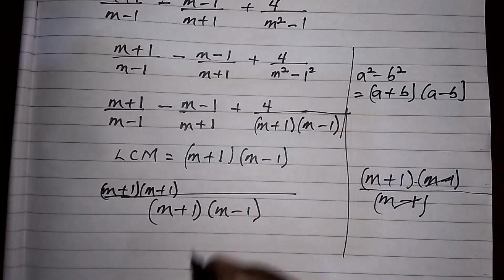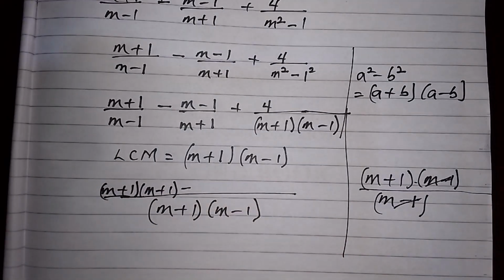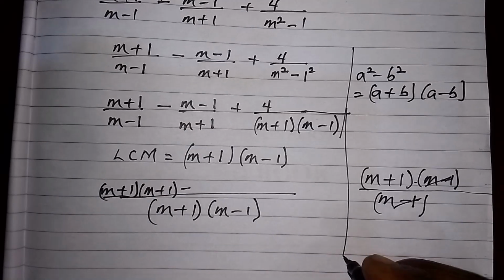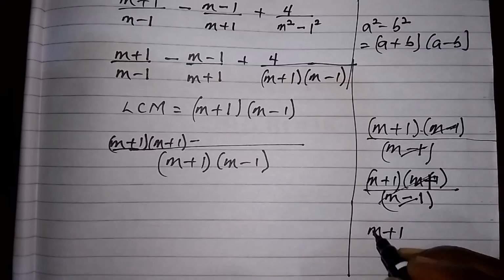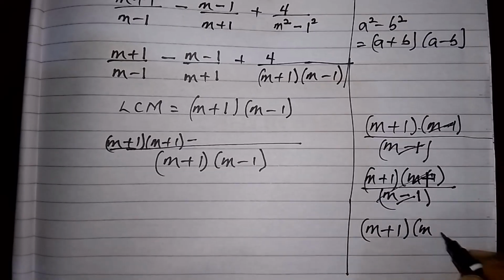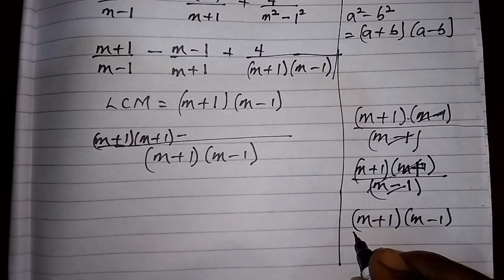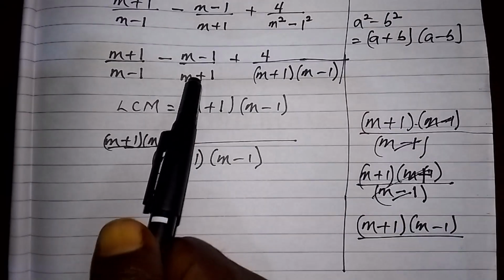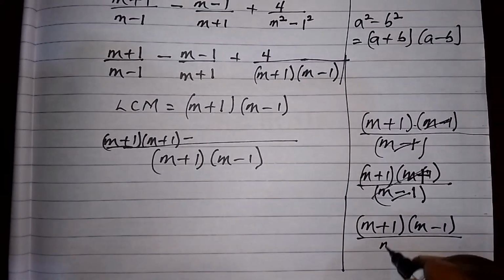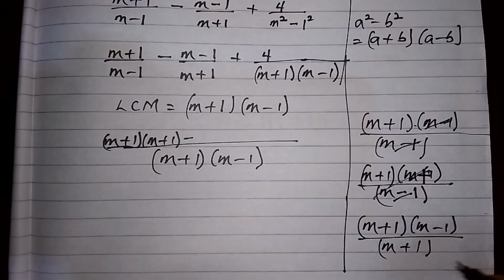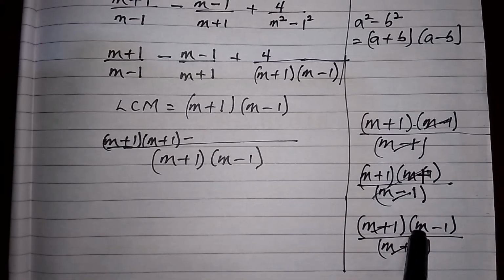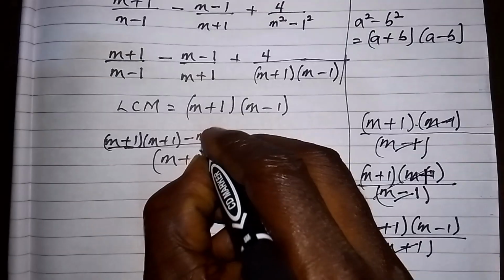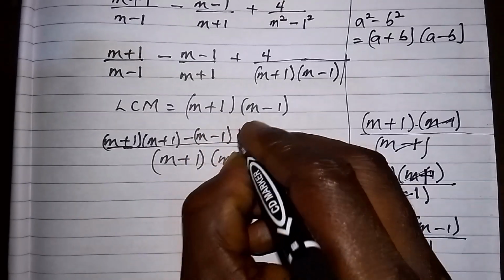Our subtraction sign comes here. m plus 1 goes into the LCM, m minus 1 times. The LCM (m plus 1)(m minus 1) divided by the denominator m plus 1, this cancels this, leaving m minus 1, which multiplies another m minus 1.